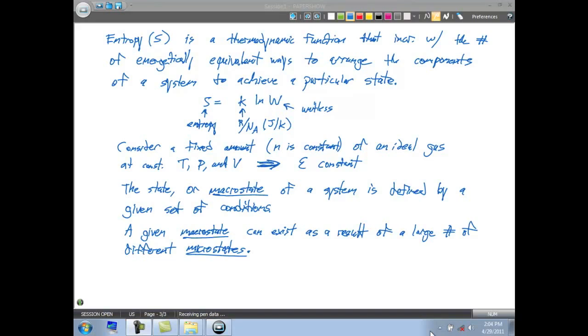And the question is, what are these microstates that combine together to form this macro state?